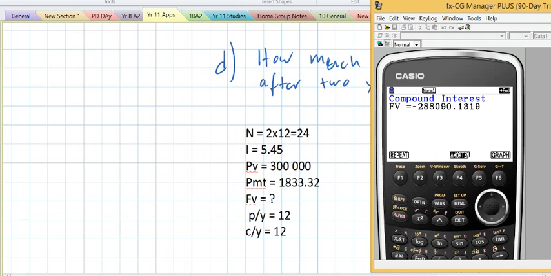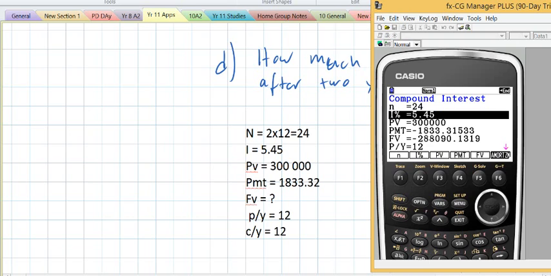I didn't get that last one. I got minus 387, a big number, but I think I did it wrong. N is 24. Why did you change the payment? Because we're still paying the same amount, so each month I'm still paying this amount. I didn't change it, and then you press FV to find the future value.